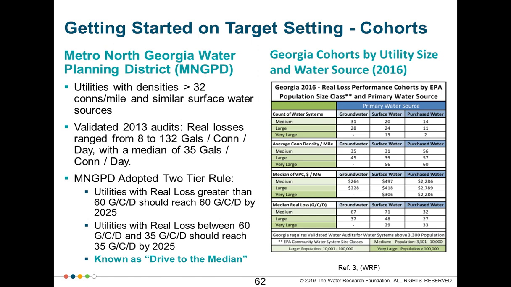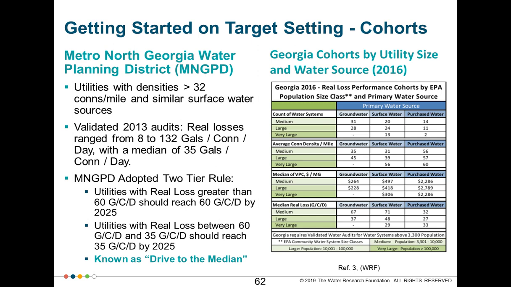So they defined a two-tier rule that those above 60 should get to 60 by the year 2025, and those between 60 and 35 should get down to 35, the median, by 2025. That became known as the drive to the median approach. This is not economic optimization, but it's a first-step way of getting started.